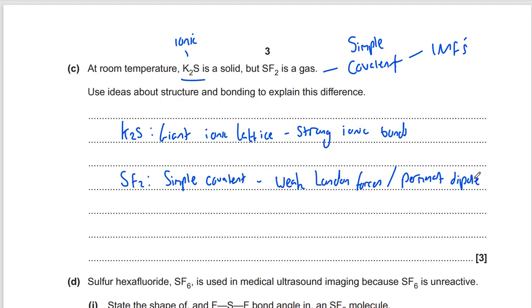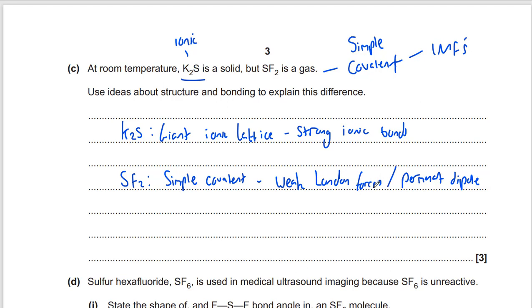And frankly, you don't know which one is the stronger force. You're not told any information that can tell you if the London force is stronger than the permanent dipole or vice versa. I would imagine the permanent dipole is slightly stronger, but you need to name an intermolecular force. The key part is it doesn't have ionic bonds.